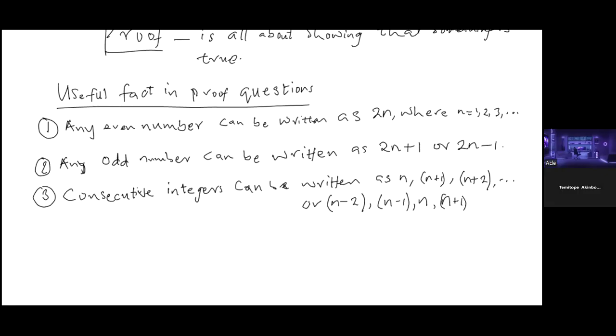Now, in this context, the second form of consecutive numbers has captured negative integers. For instance, you know that n will always start from 1. So if you substitute 1 for n in n minus 2, you have minus 1.